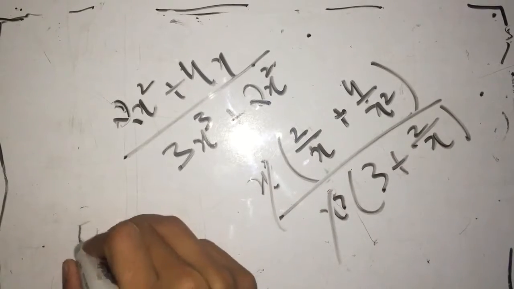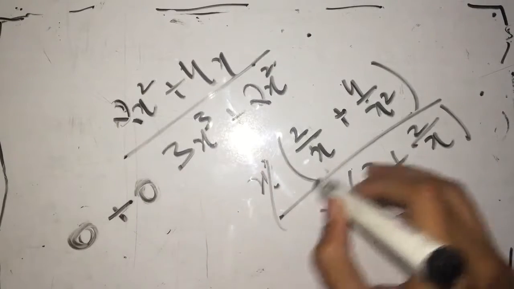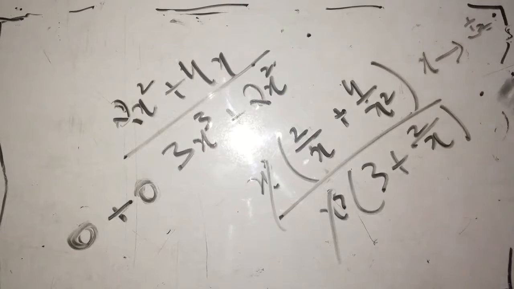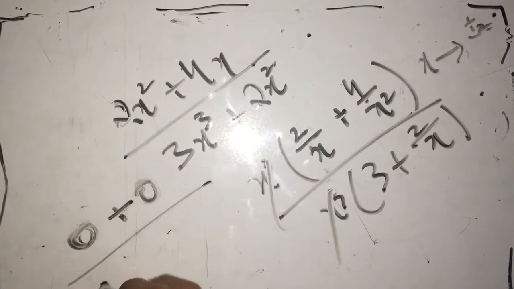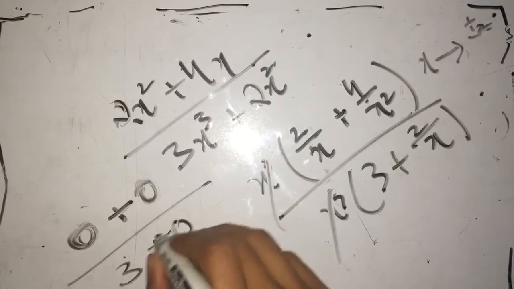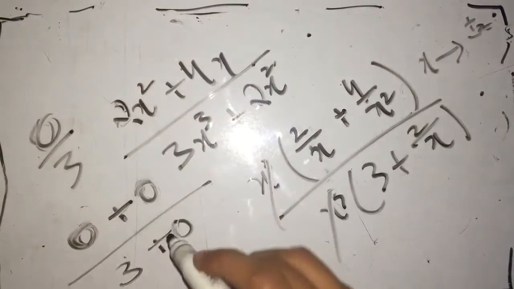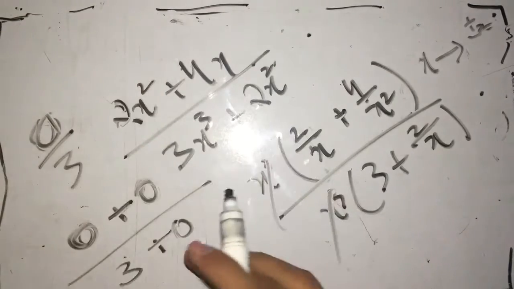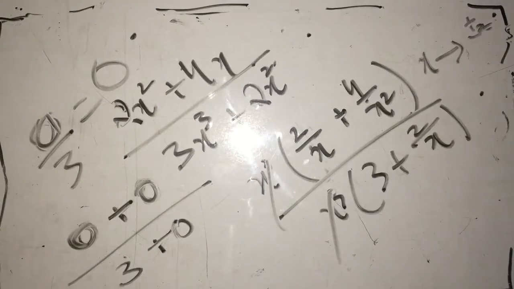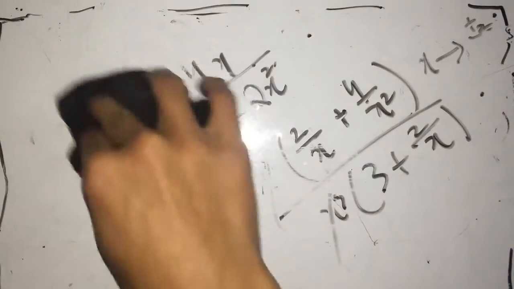You have 2 by x going to 0 plus 4 by x squared going to 0, because you're applying the limit as x approaches minus infinity or plus infinity, and divided by 3 plus 0, so it becomes 0 by 3, and anything where the numerator is 0, no matter what the denominator is, it's going to give you 0.